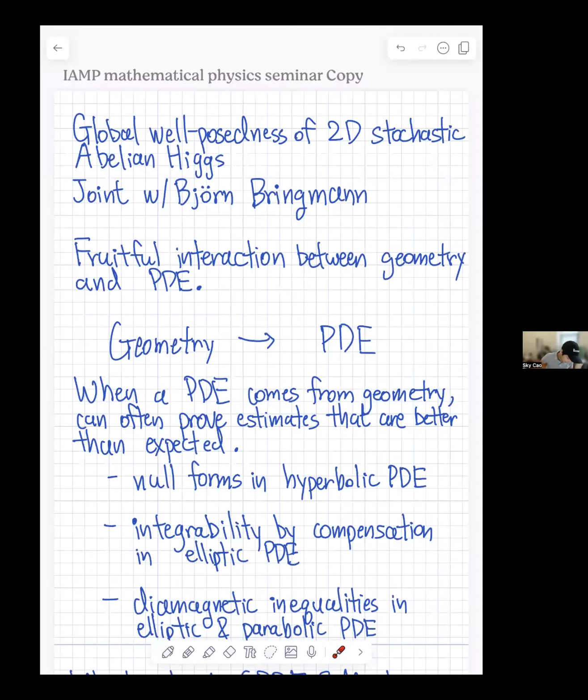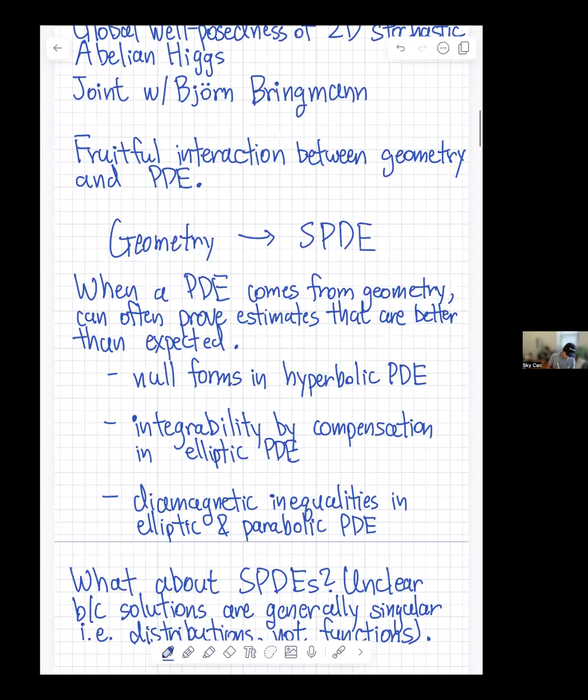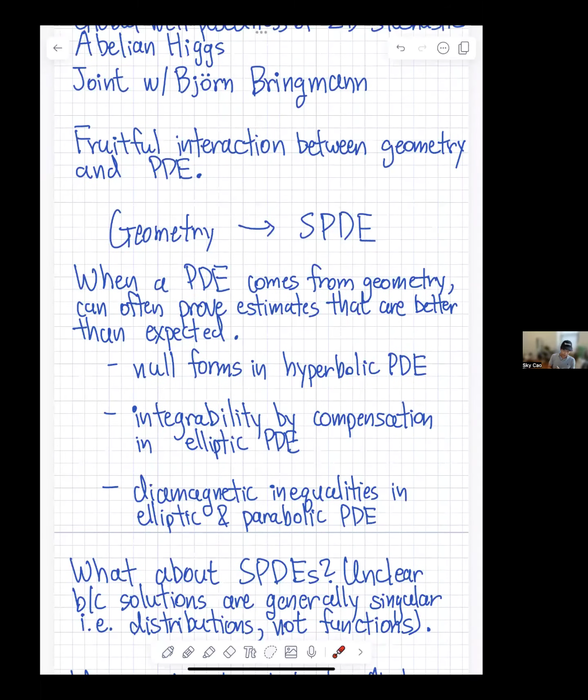Right, so I listed some examples of how geometry informs PDE. Now, what about stochastic PDE? How does geometry inform stochastic PDE? First of all, why is this not immediately clear? It's unclear because the types of stochastic PDEs that we mostly are talking about today are singular SPDE.